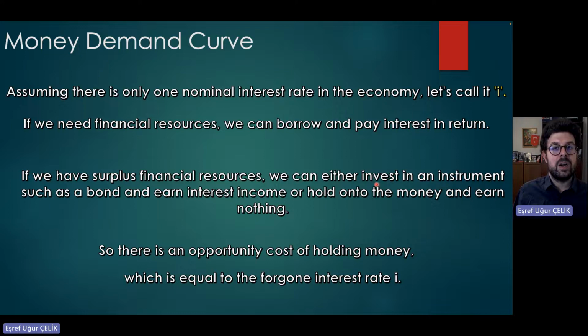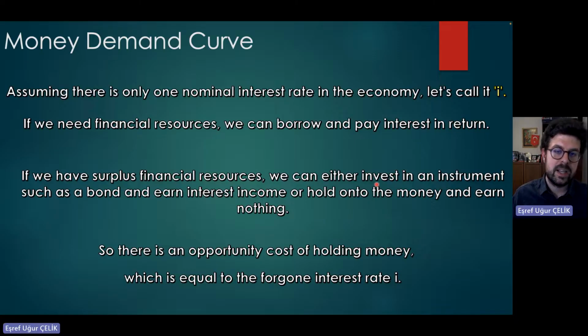But if I put our money in our wallet, we give up getting that financial instrument gain. So it's obvious that by putting our money into our wallet, we give up a gain.